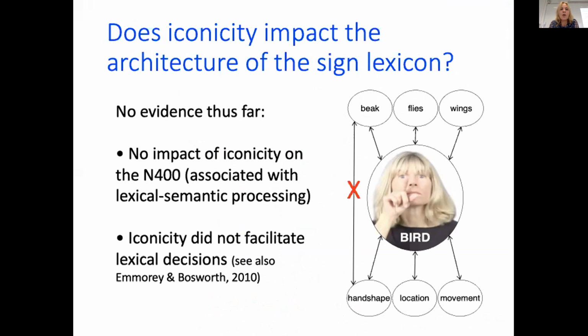So at least so far, we don't have a lot of evidence for that. We saw no impact of iconicity on the N400, which is associated with lexical semantic processing. And we saw that iconicity didn't facilitate lexical decisions. So right now, we don't have any evidence that this type of link between sublexical units and semantic features is there for sign languages. That doesn't mean iconicity doesn't have effects in other domains, but it doesn't seem to be changing the architecture of the system, or at least we don't have strong evidence for that yet.